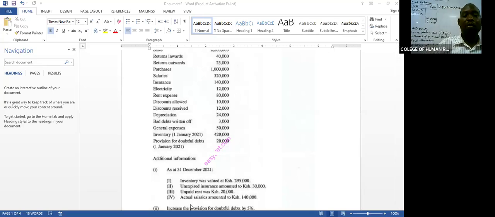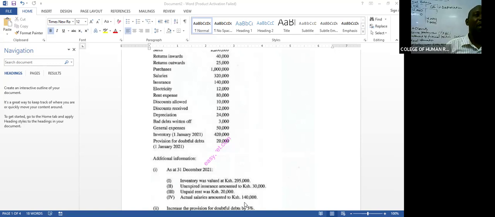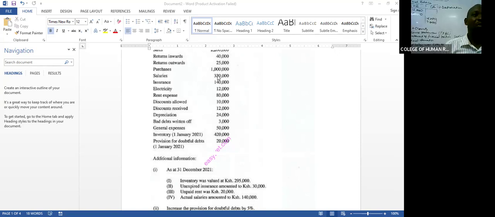Then they tell you actual. To me, I can interpret that we paid 320, but what was supposed to be paid is 140. So that one now you treat as a prepayment. Because the actual is 140, but we have paid 320. So we have paid excess.